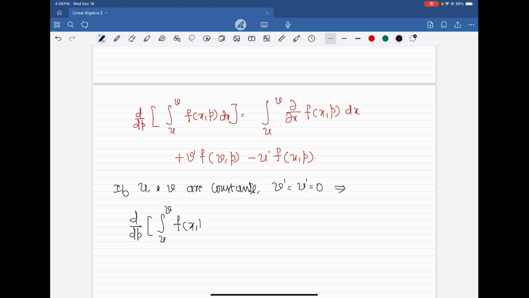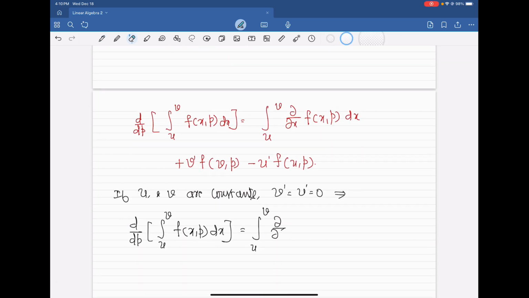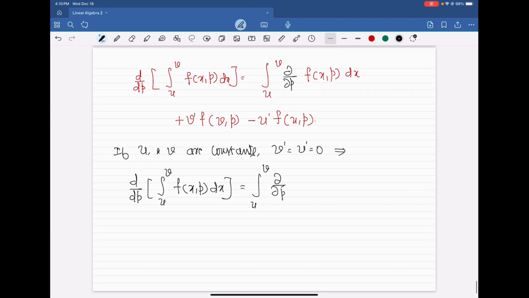Please remember, it is not dou by dou x, sorry, it is dou by dou p of function xp dx plus 0 minus 0.